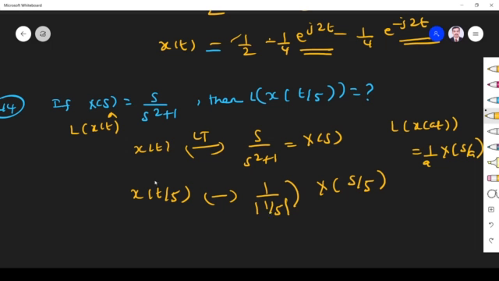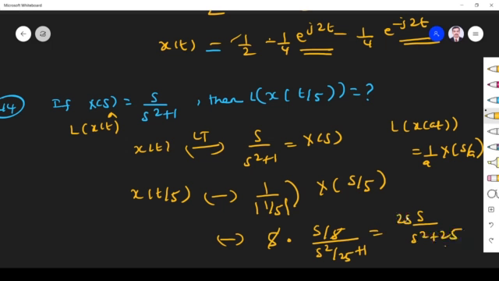So a is 1 by 5 here. Instead of a, we have 1 by 5. So 1 by 1 by 5 is 5. S should be replaced by s by 5. So what we have to do? S by 5 replaced. S by 5 whole square means s squared by 25 plus 1. This is cancelled. So this is s by s squared plus 25.